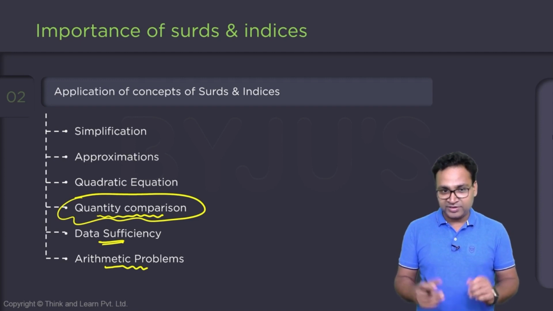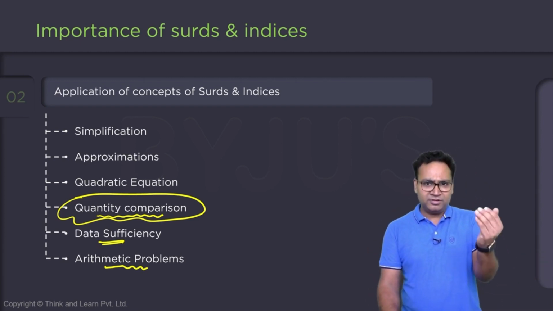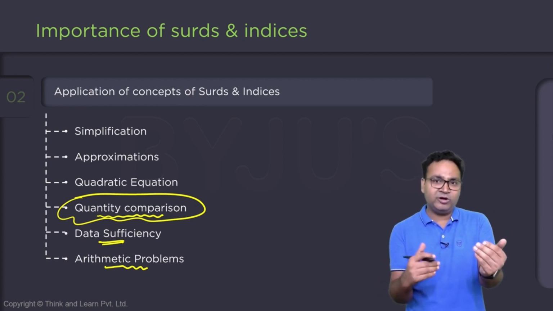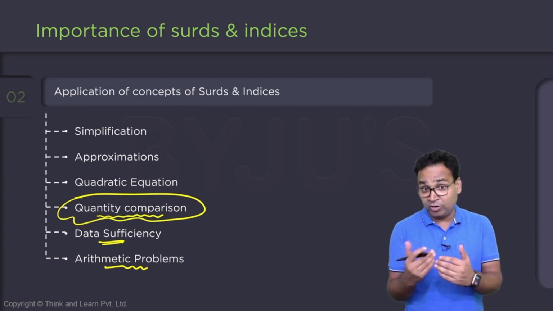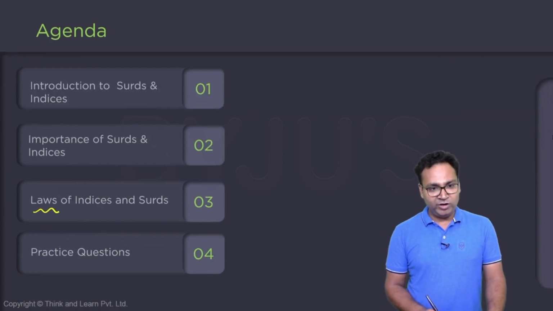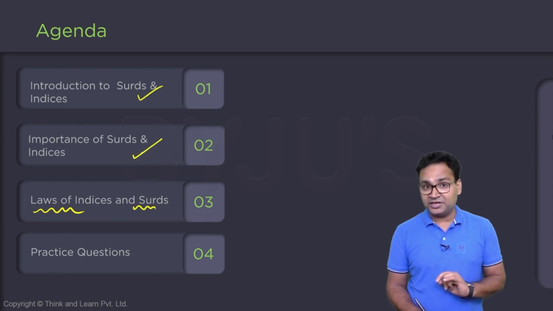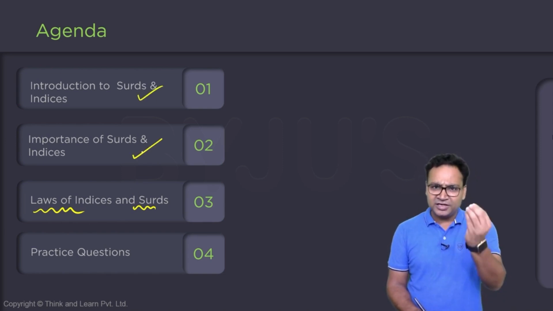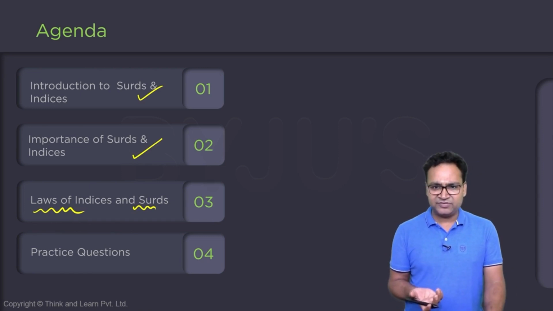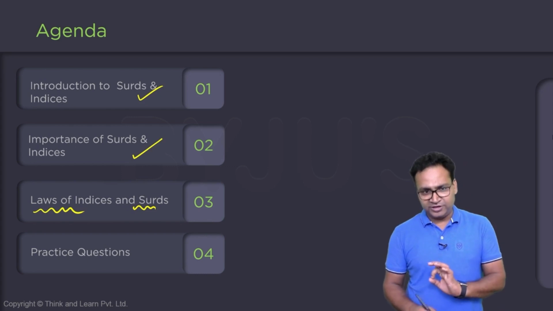We cannot ignore this topic, even if you may not have direct questions on it. Now, what I mean by indices and surds, and their importance, we have already discussed. Now let's see if there are any specific rules or properties related to indices and surds.